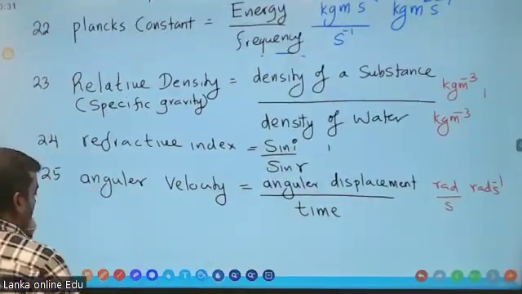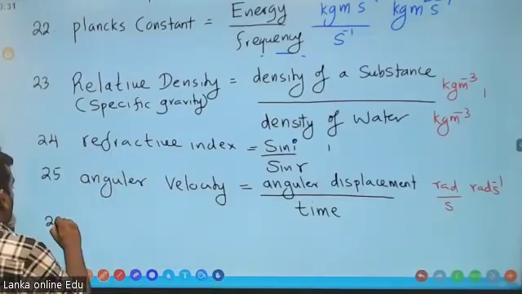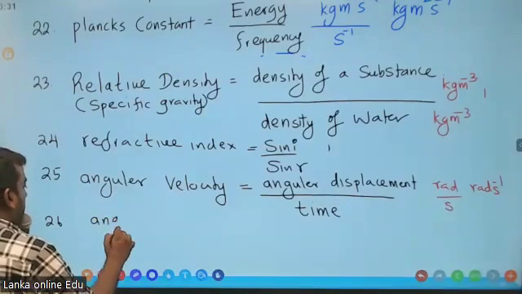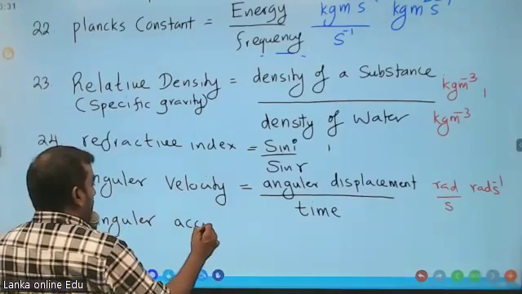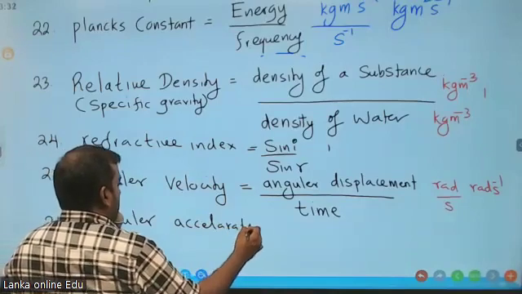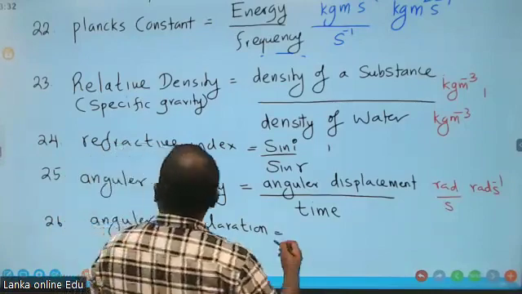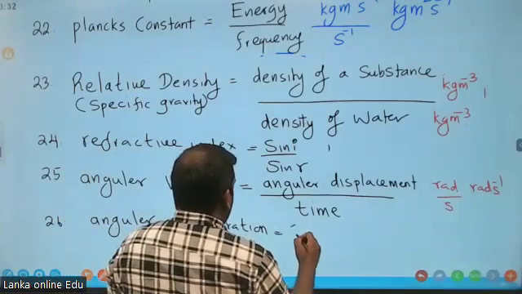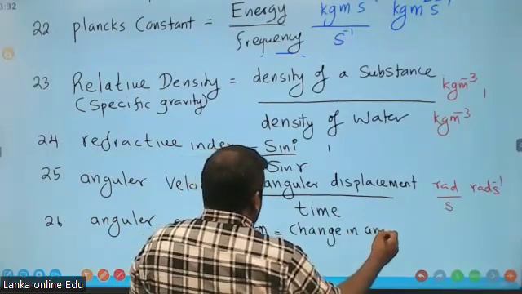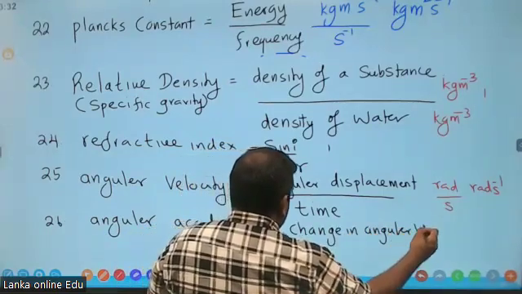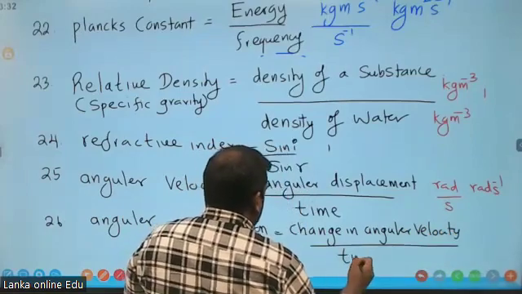Maybe we'll add a few more here. Let's say angular acceleration also, because this is something new for you all. Angular acceleration is change in angular velocity over time. Change in angular velocity divided by time.